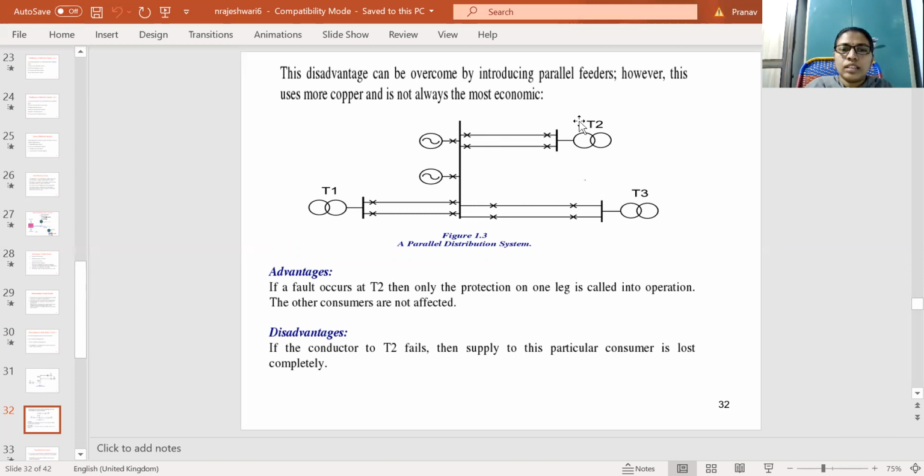So this is the disadvantage. The advantage is that if any fault occurs, the other line will send supply to the consumers. But if it fails, then overall consumers will lose the supply completely. So this is also a drawback of the parallel distribution system.